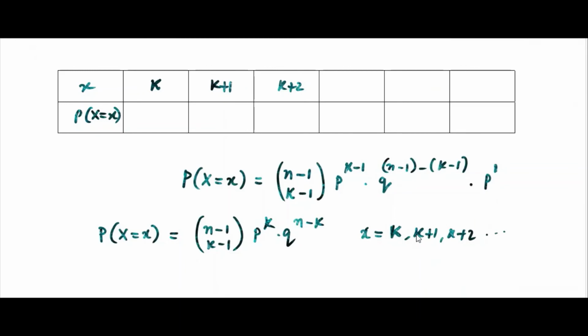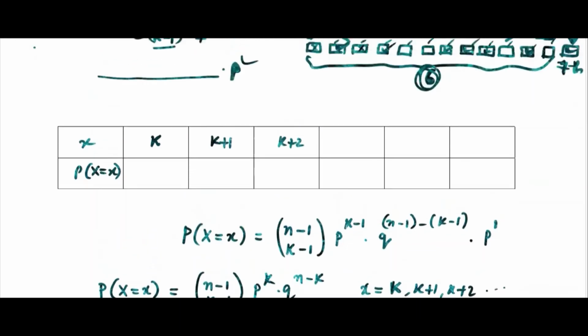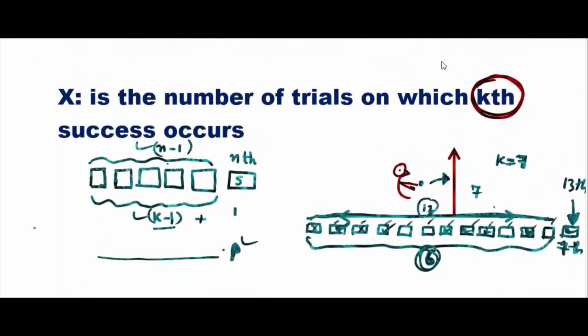Wherever x appears, if you put k here, sorry, I have written n minus 1 wrongly. We don't have n minus 1. The total number of trials here, because we are finding this probability X is equal to x. That means, what is the probability that in the xth trial, you will get the kth success?